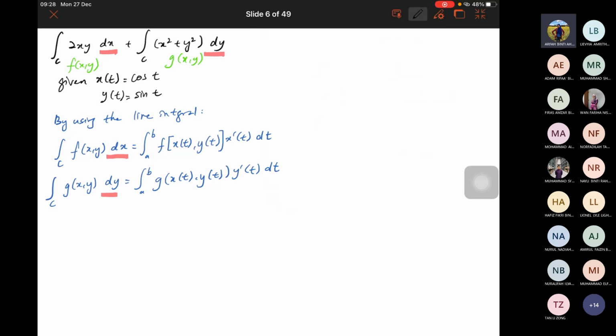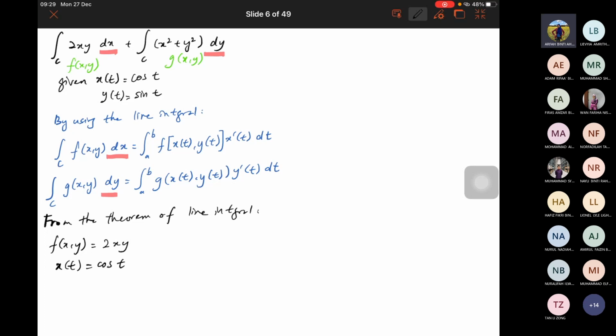So from the theorem of line integral, so you are going to have f of xy sama dengan 2xy. Okay. And then okay, x of t sama dengan cos t.